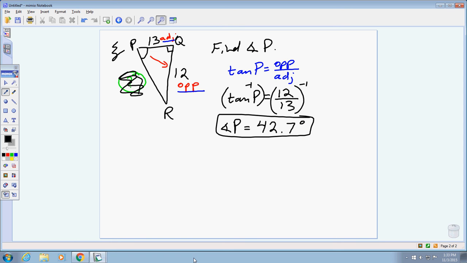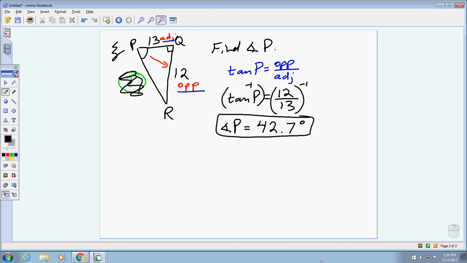Like so. Some of you are going to struggle trying to figure out how to use your calculator. On the reverse calculators, you would have to put 12 divided by 13 equals, and then second function tan. That's the kind of calculator I like.